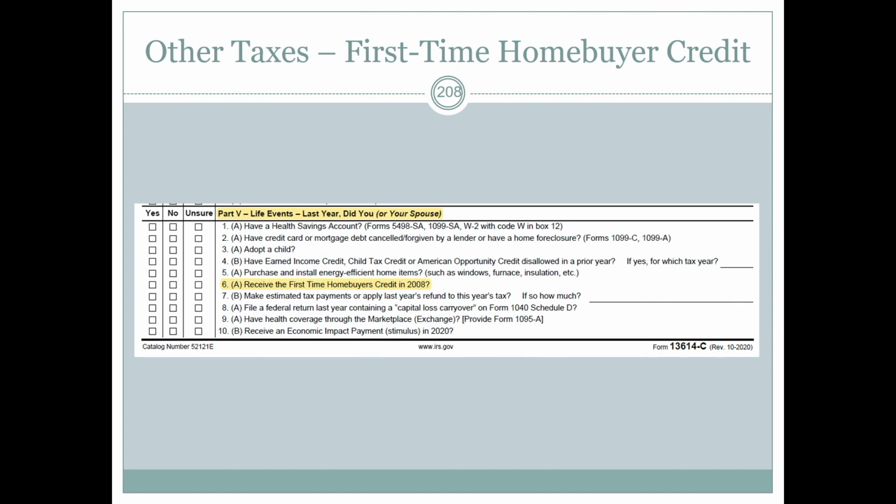These life events also address other issues such as cancellation of a debt, the disallowance of an earned income credit, if estimated tax payments have been made and want to be applied to another year. So this section is very important, and it is critical that the correct box is checked.